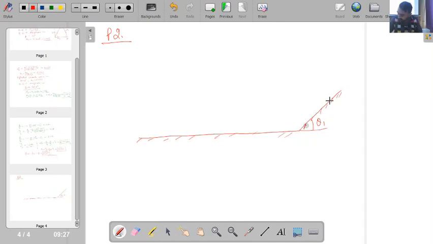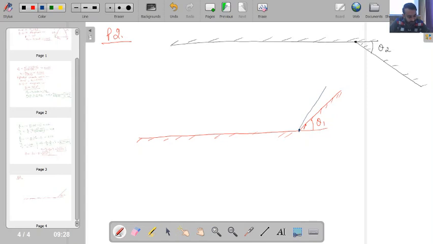Then I have another surface over here, and this surface also has a compression corner at this point, at another angle theta 2. It is given in the question that we have a formation of a shock wave which starts at this point and ends at another compression corner. So the shock wave is something like this.